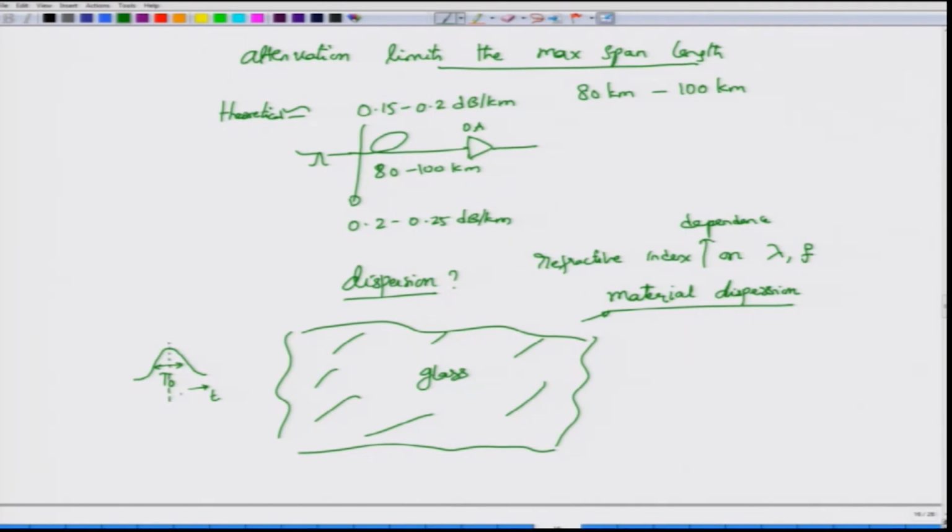That is, if you were to plot the power profile, so if p of t corresponds to the time dependent power that is launched, then from the peak power, which we will now label as p0, you find two points where the power has dropped to p0 by 2, and then find the time interval between the two. The length of the time interval where the power is above p0 by 2 is called the pulse width.